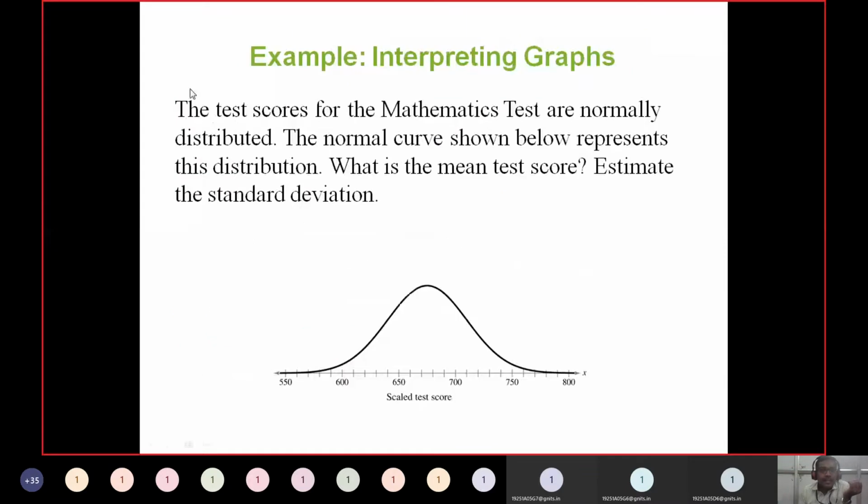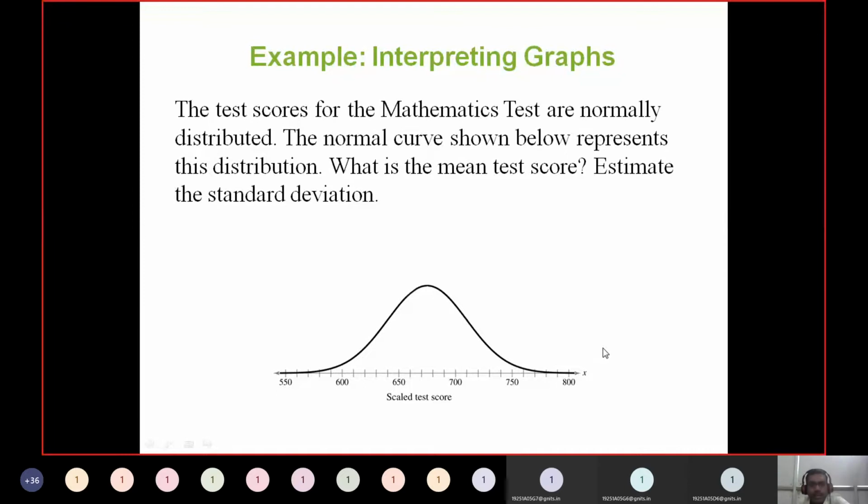Now, can you try this? The test scores for a mathematics test are normally distributed. The normal curve shown below represents the distribution. What is the mean test score? The test scores are normally distributed, that is what it says.